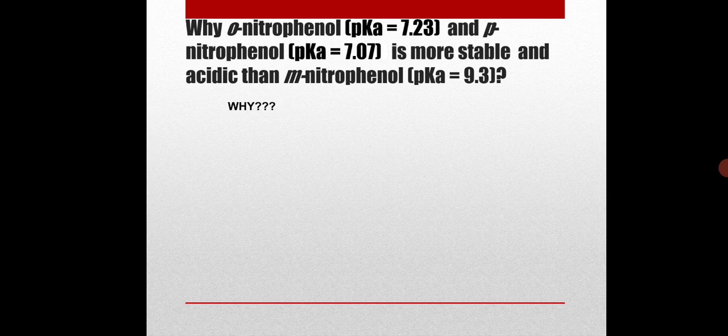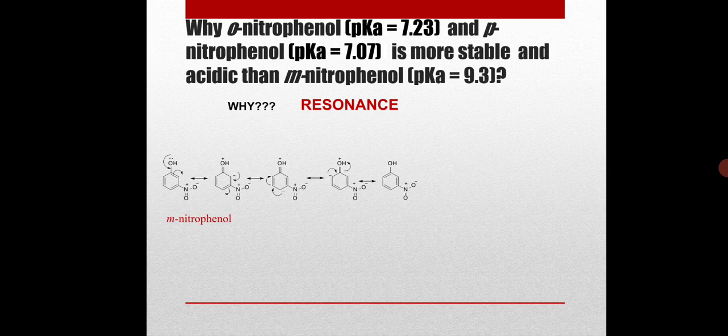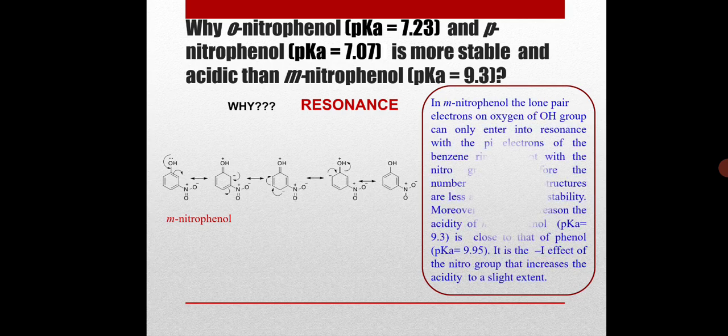Why is it so? The answer is again resonance. These are the resonance structures for meta-nitrophenol. In none of the resonance structures can the lone pair electrons enter into resonance with the nitro group. Therefore, the number of canonical structures is less.